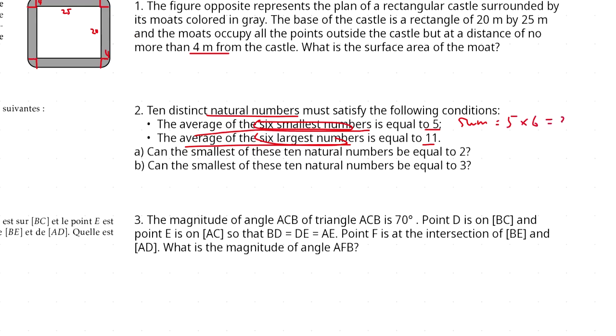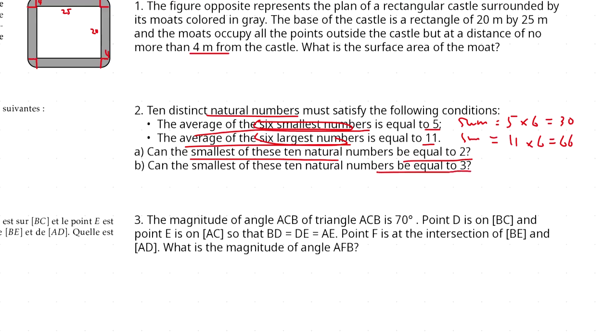The sum of the 6 largest numbers will be 11 times 6, which gives us 66. The first question is about what will be the smallest of these numbers. Could it be equal to 2, or is it possible to be 3?